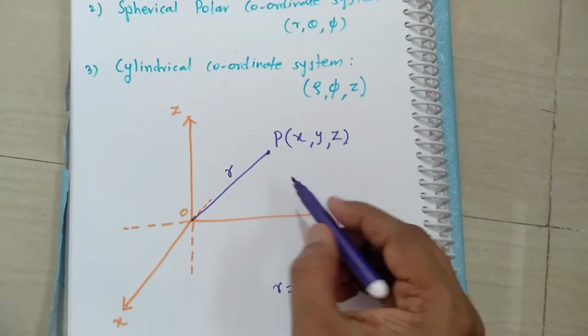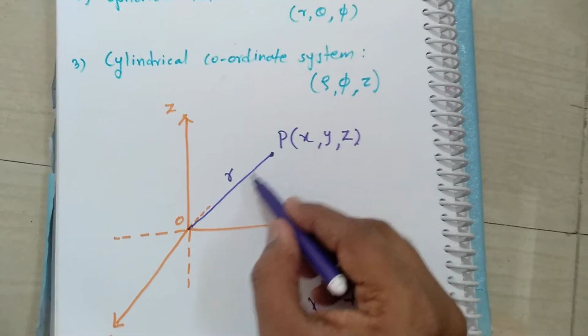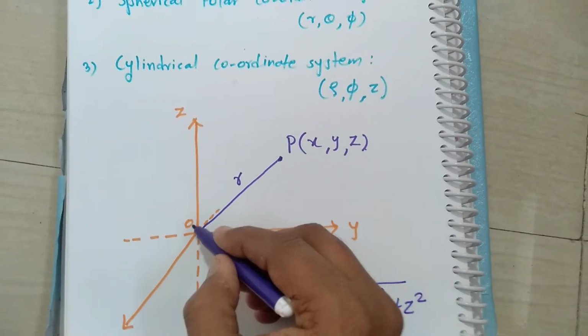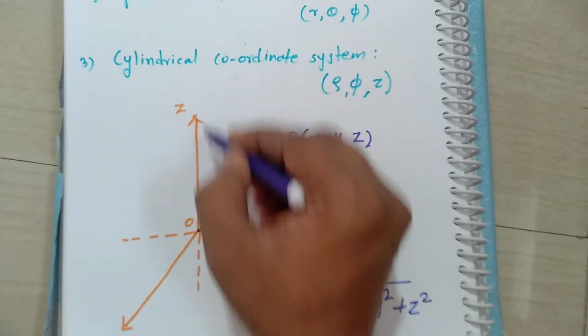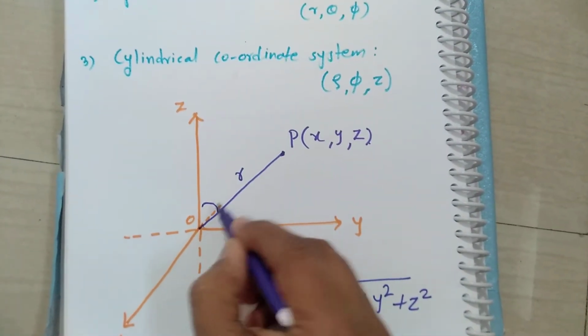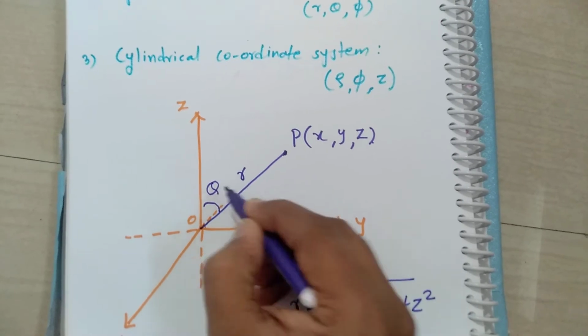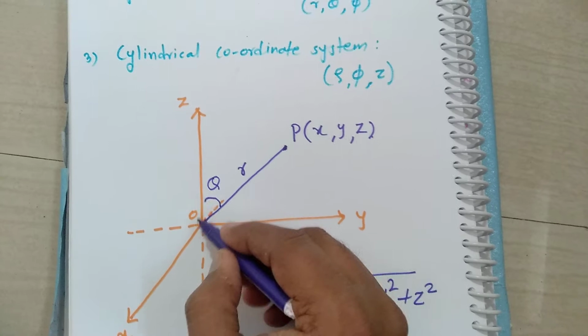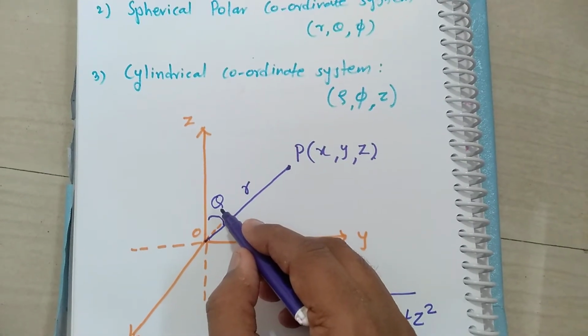Now this is called the radius vector OP, and the angle made by this radius vector with the positive direction of the z axis is denoted by theta. That is the vertical angle, called theta. Correct? This is our second spherical polar coordinate.